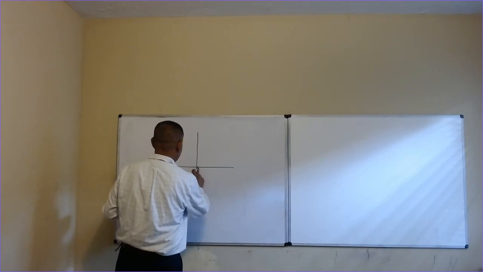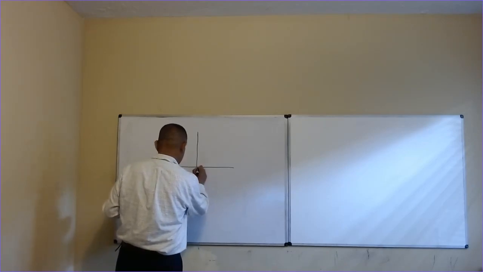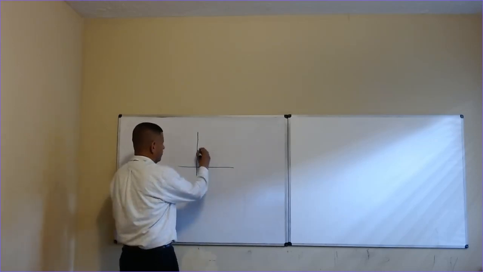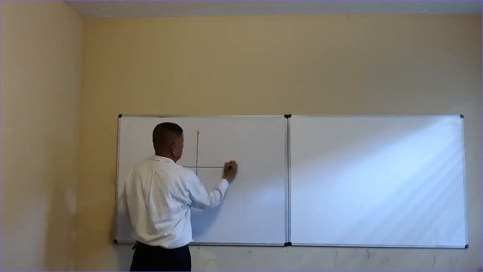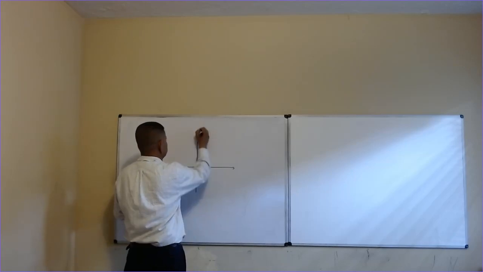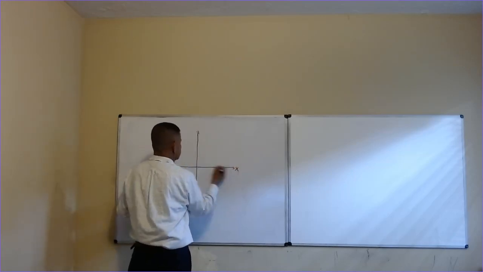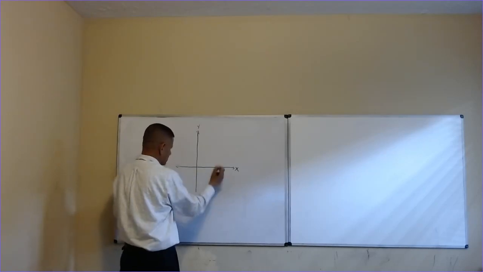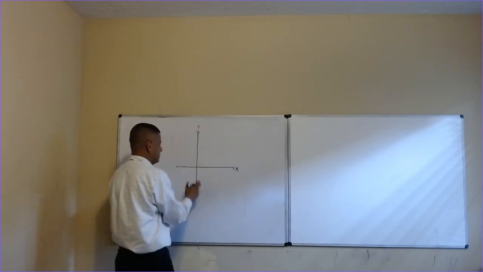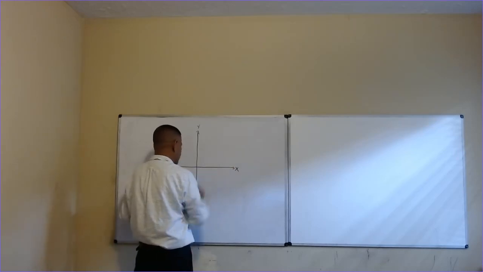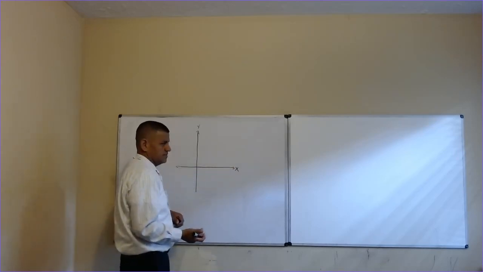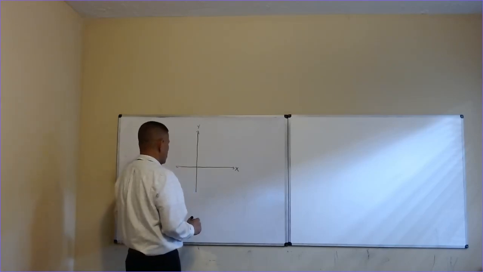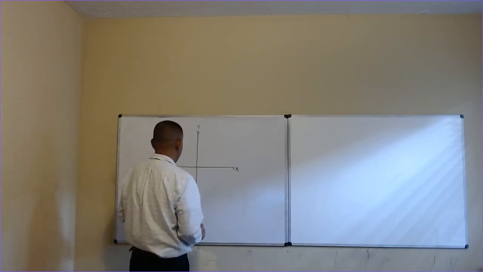So right here, this is x, this is y, and this of course is negative x, but it's not necessary to write it. So x, y, I have a two-dimensional coordinate system. Now, what happens here is the following.